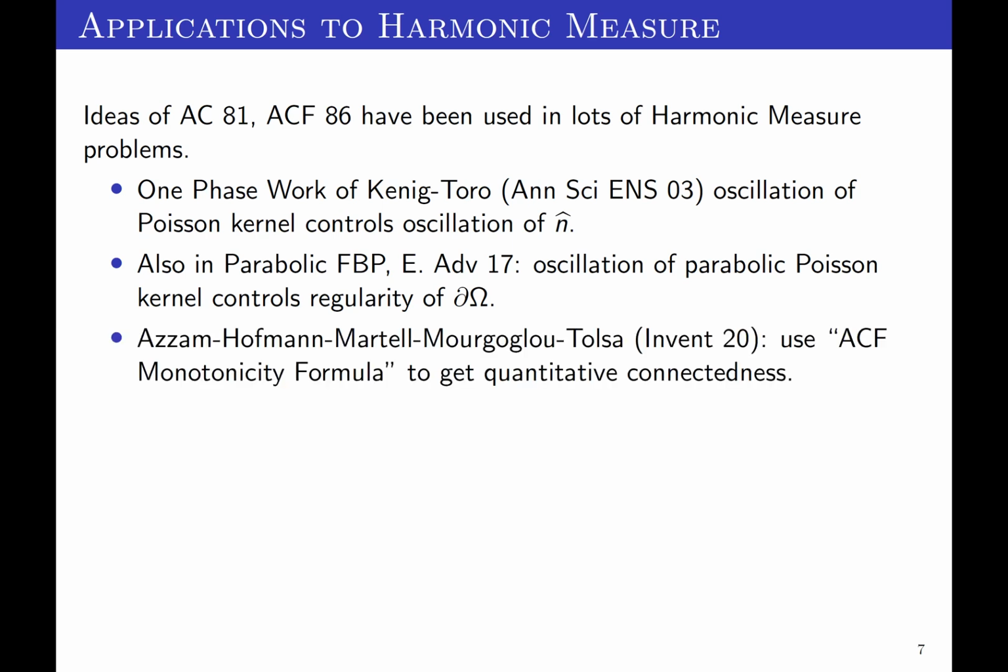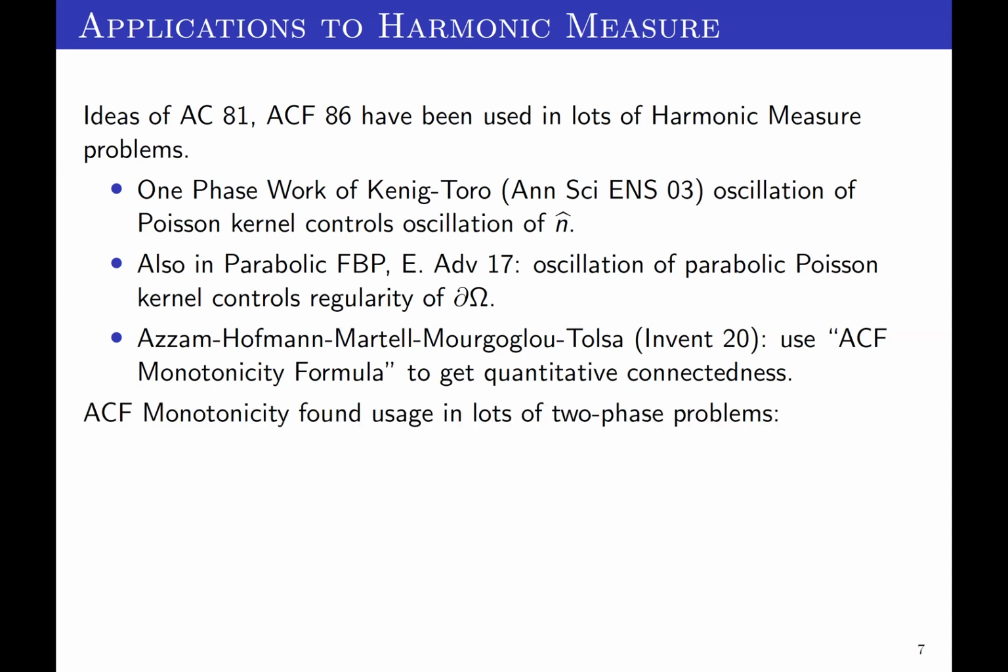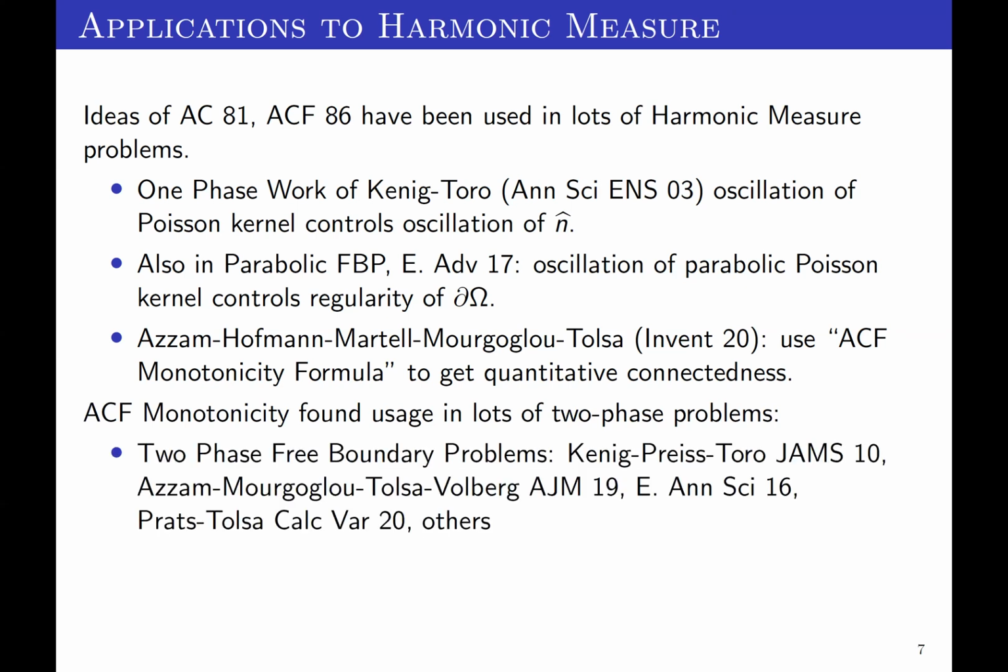This paper I talked about before by Jonas, Steve, Chema, Mihalis, and Chabi used something called the Alt-Caffarelli-Friedman monotonicity formula in a very important way. And that, of course, was developed in this paper that I talked about before by Alt, Caffarelli and Friedman. In fact, this monotonicity formula has been used a lot, especially in two-phase harmonic measure problems, so when you have two domains that touch one another.